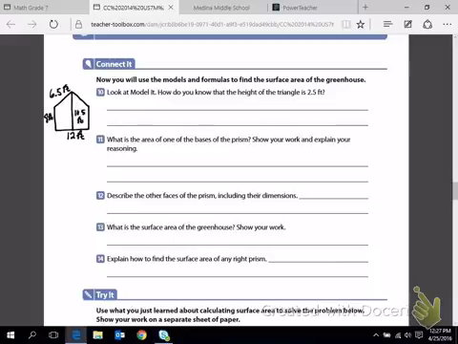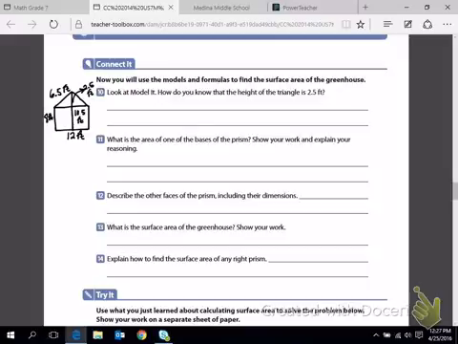Once we've split that into a rectangle and a triangle, we tell you that the height is 2.5 feet. So we're wanting to know, where did that 2.5 come from?